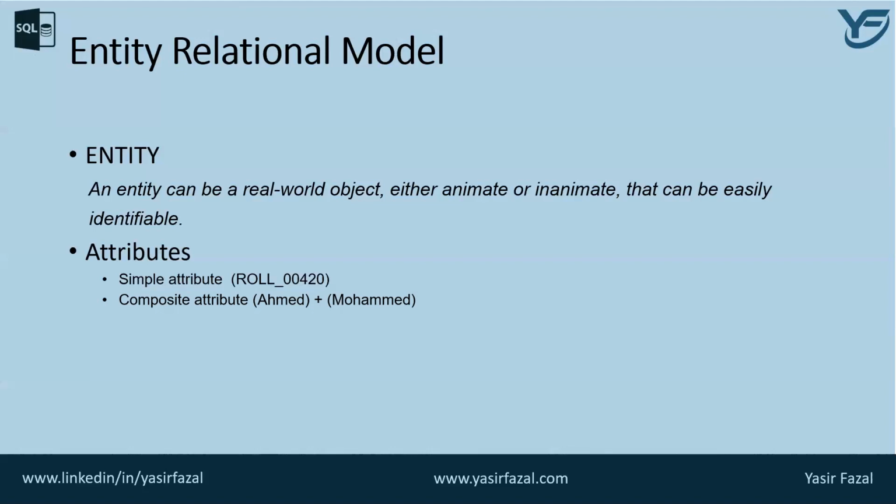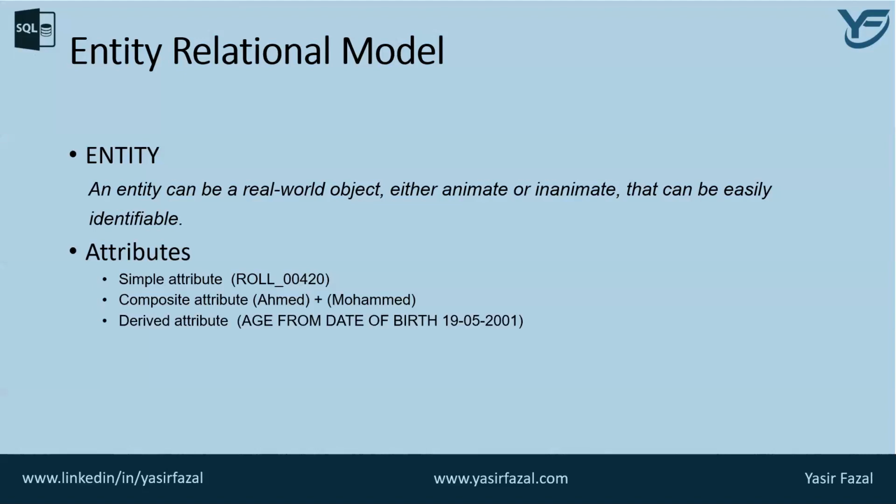Ahmed and Mohammed could be the first and last name of one person's name. When I concatenate or combine them, I get a composite attribute, which could be Ahmed Mohammed.